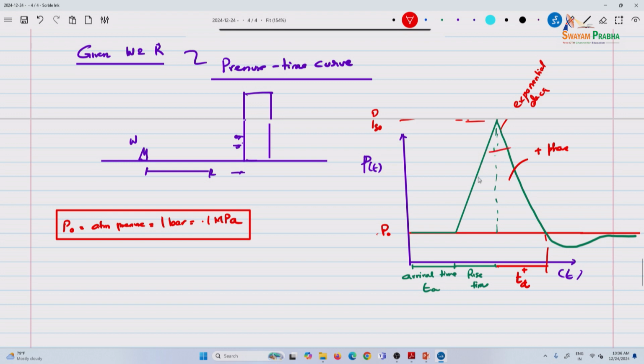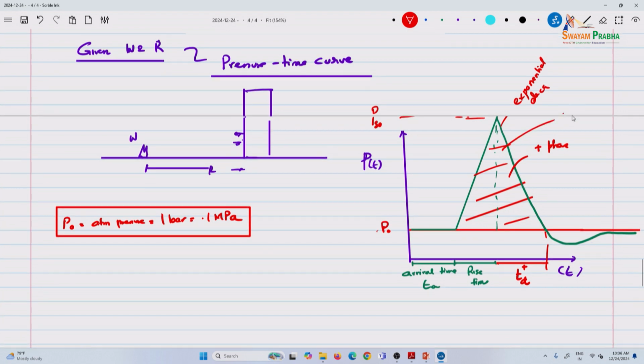And this area is the positive impulse. And this is the peak, PSO plus, let's say. And this is PSO minus, two different variables.